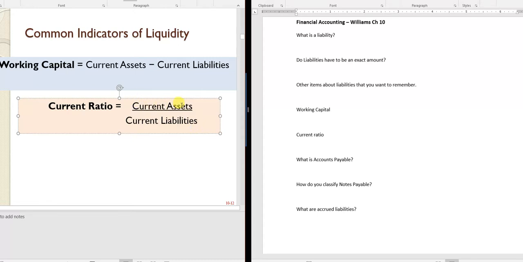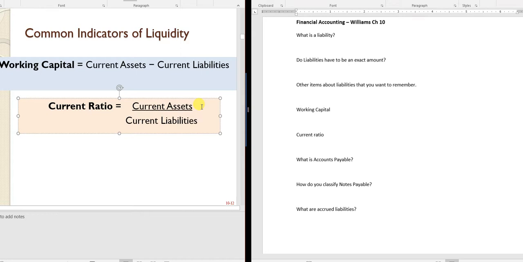Again, this is done on the balance sheet at December 31st. If you think about your own checking account, and let's pretend the only current asset we have is cash, and I have some bills on my desk, and on December 31st I had to do a current ratio. Well, maybe my pay comes in on January 1st, although you could say that's a receivable, but we're going to ignore that.